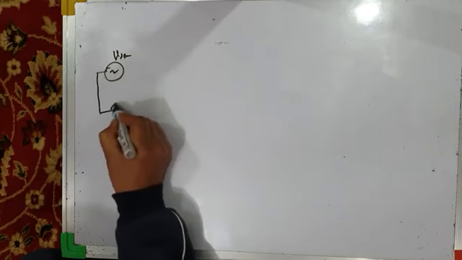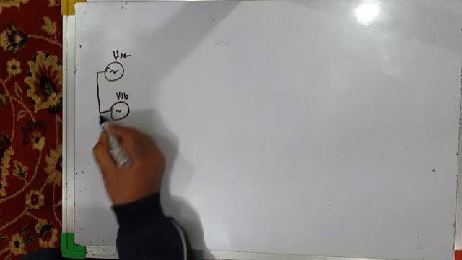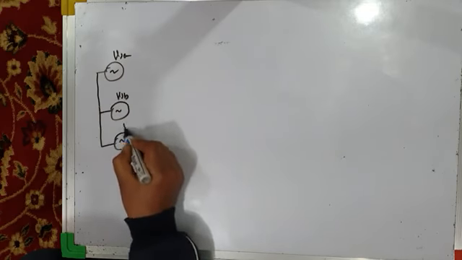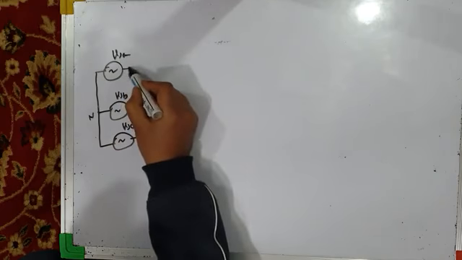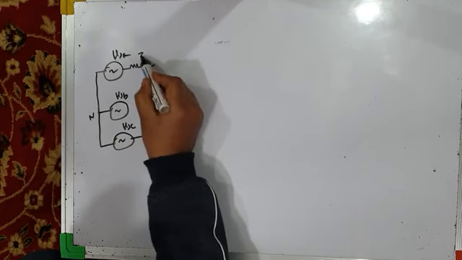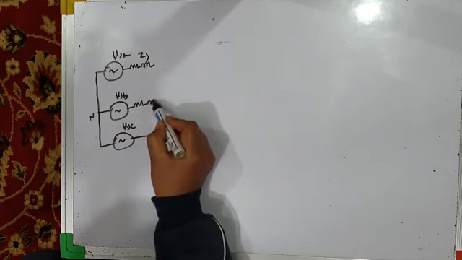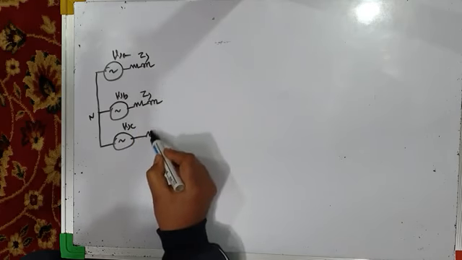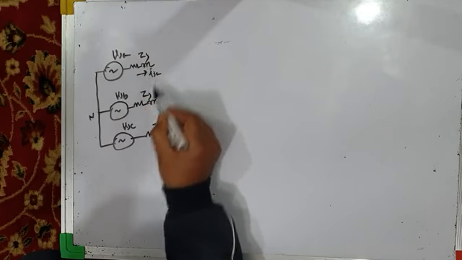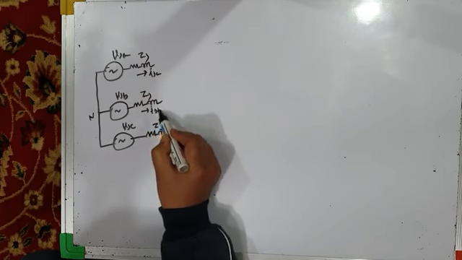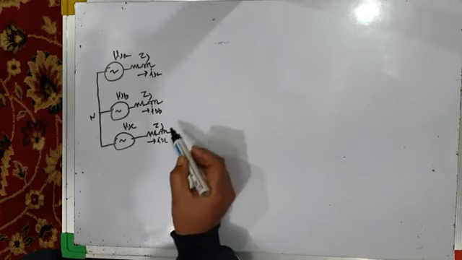VSA, VSB, VSC, source impedance ZS, ZS, this is source current ISA or line current ISA, ISB and ISC.